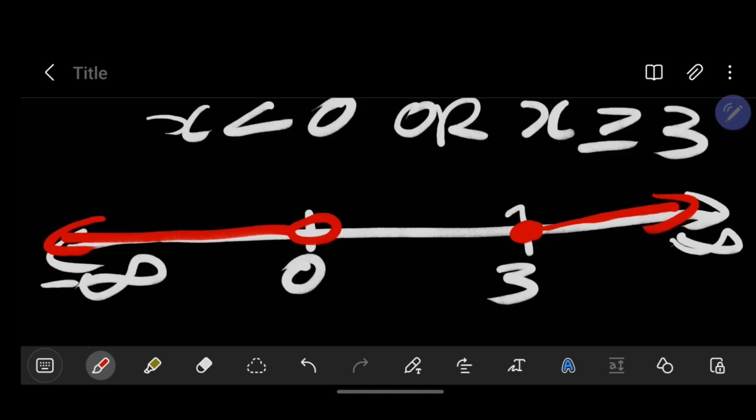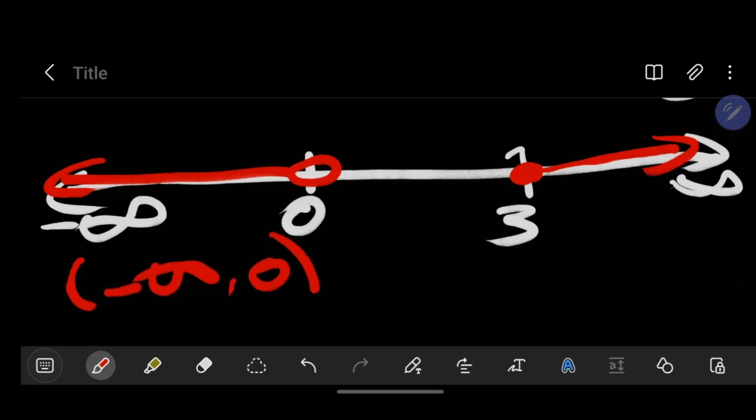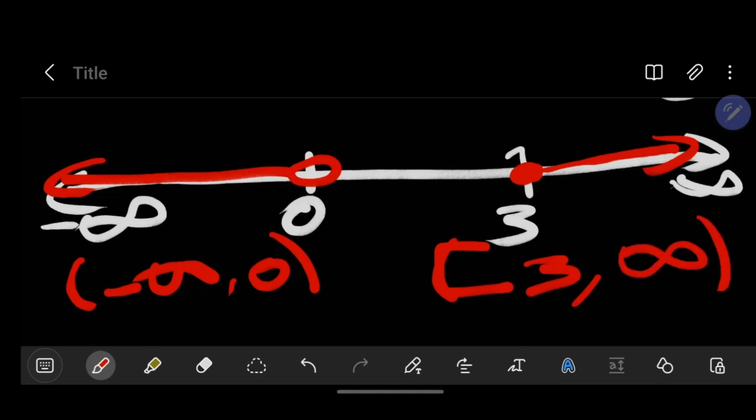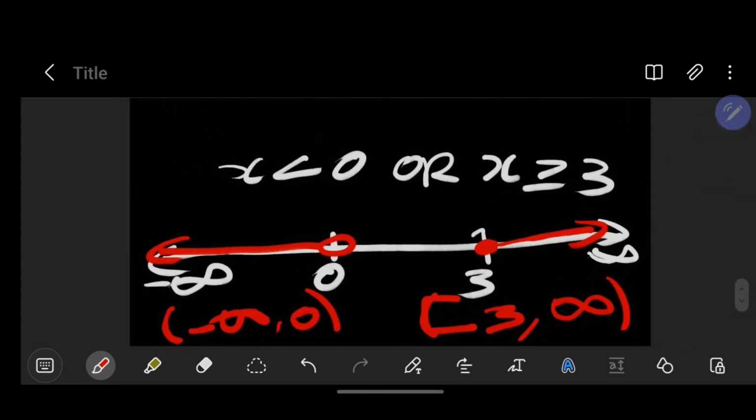So if we were to write this out, we would write negative infinity to 0, round bracket, and again this will be your square bracket, 3 to infinity. But we're not done yet, because we are checking for x that is less than 0 or x that is greater than or equal to 3.